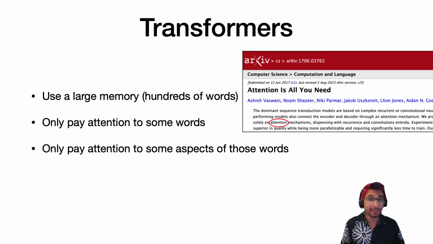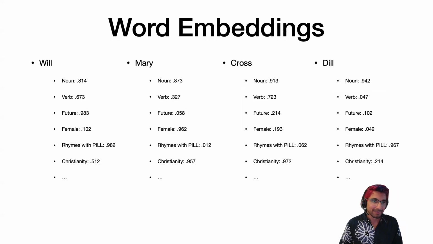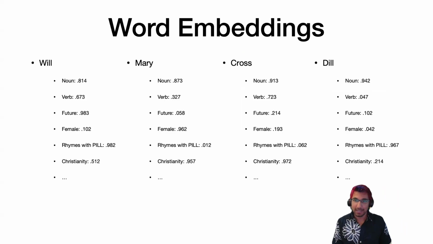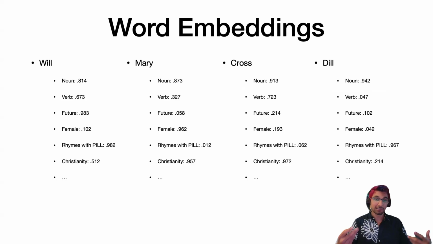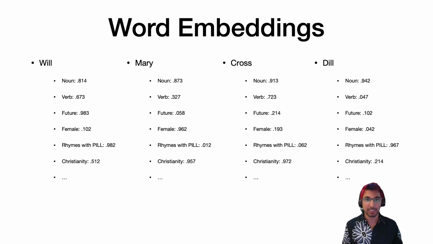And I won't say anything about the details of how they did that. It involved neural nets in some complicated way. But here's a sample of how it might work. So we've got these different words: will, marry, cross, dill. For each one of them, I'm just going to represent a whole bunch of different features that these words have, some of them up to 1 and down to 0.